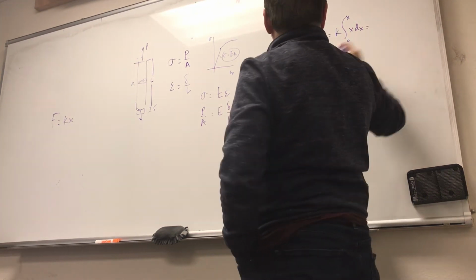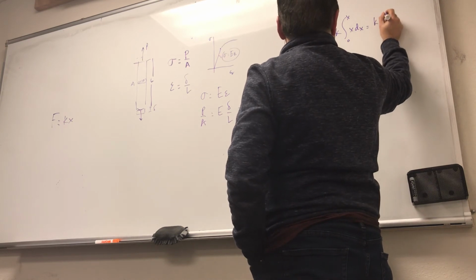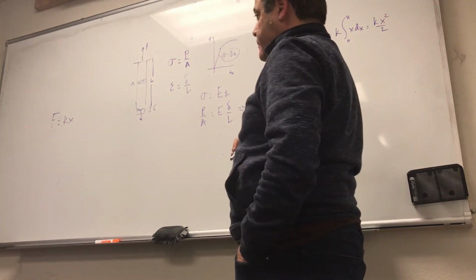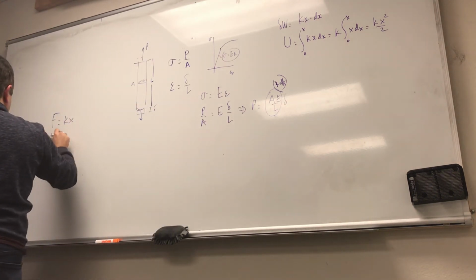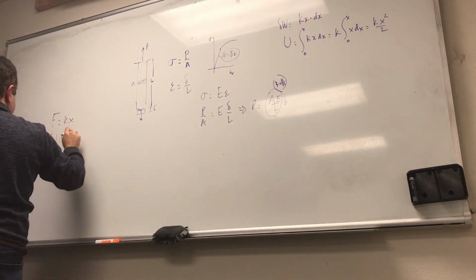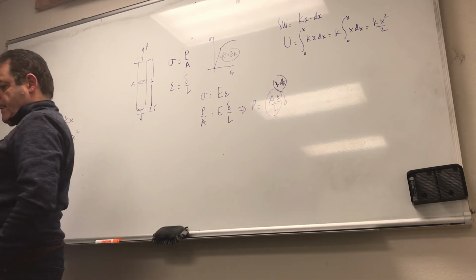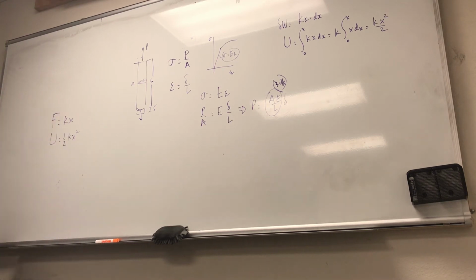X squared over 2. That's why we have kx squared over 2. So U is equal to 1/2 of kx squared. This is called the work done in deforming a spring, which is stored as strain energy or potential energy in the spring.